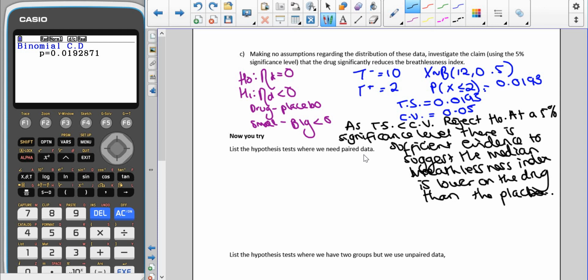Whereas if it's only a mild breathlessness, then later on it's still likely that they would still have a lower breathlessness index. So that needs to really, in my eyes, be taken into account in this experiment.